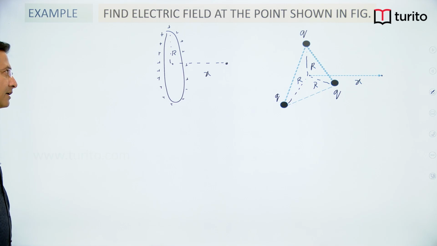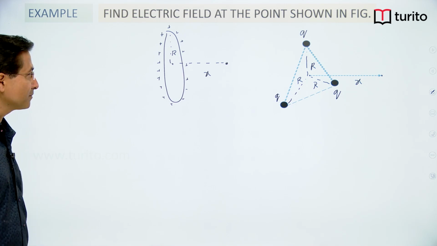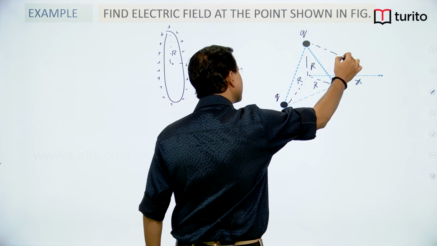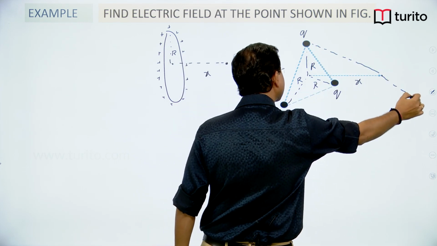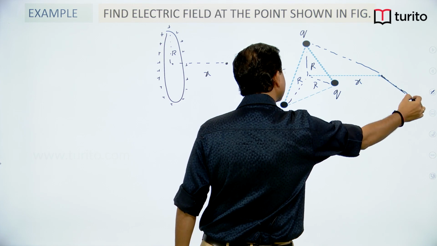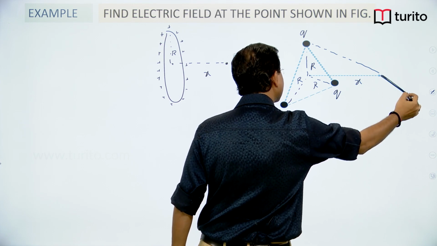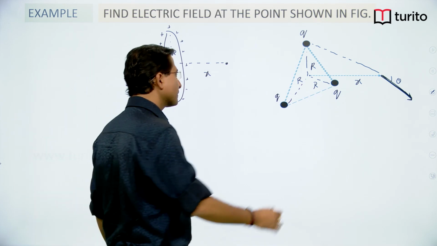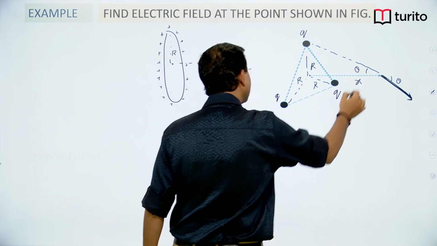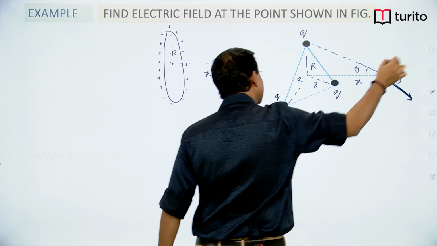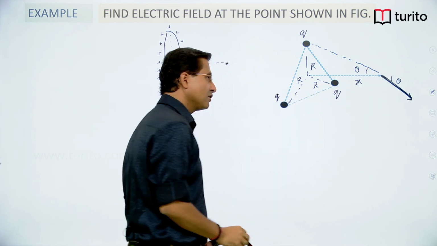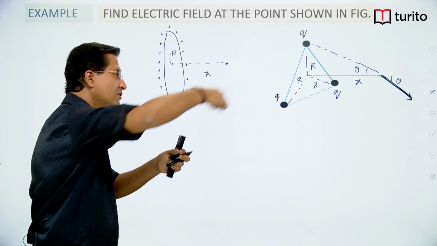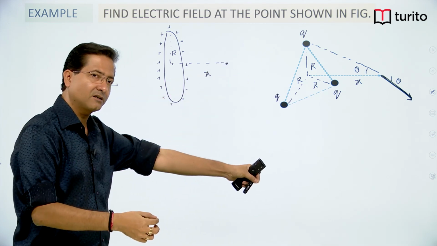So the situation is the same and the result is also the same. Now if you look at this one, this will create a field in this direction. This will create a field in this direction at an angle theta, whatever be this angle. Similarly this will produce a field in this direction and that will produce a field in this direction. So there will be field produced by these 3 particles in this direction, this direction and this direction.